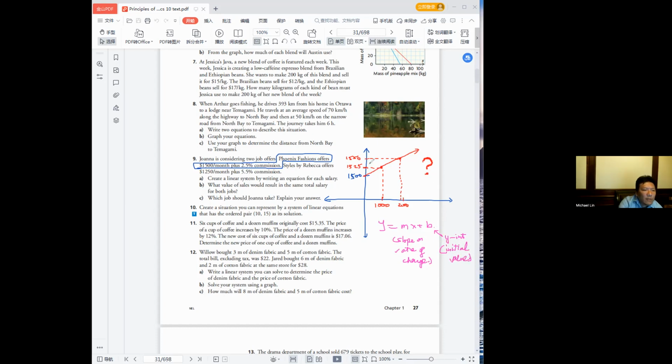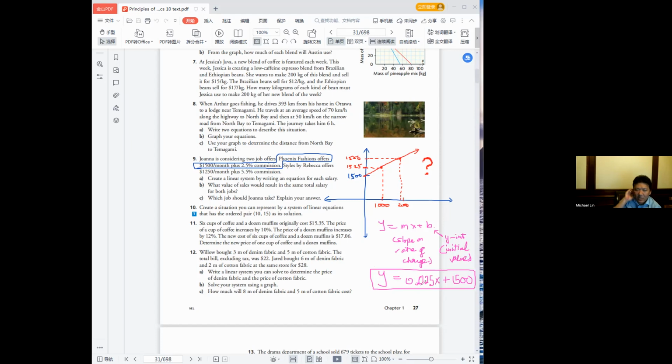Okay, so having established that, we know that this equation can be represented by y equals 0.025x plus 1,500, where x is the amount of sales that you managed to make, right?